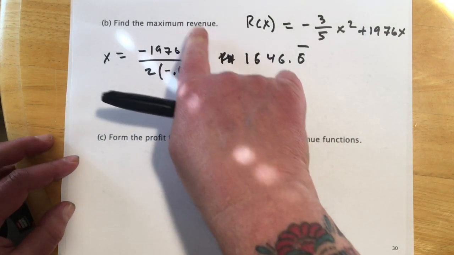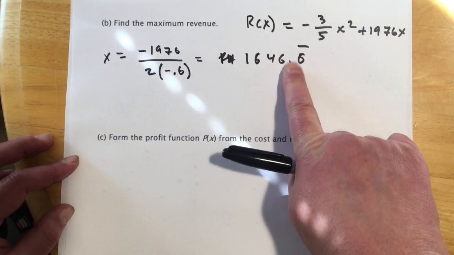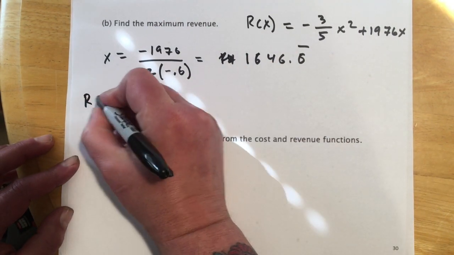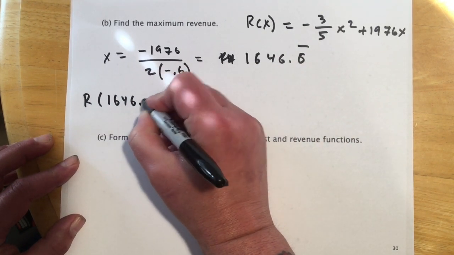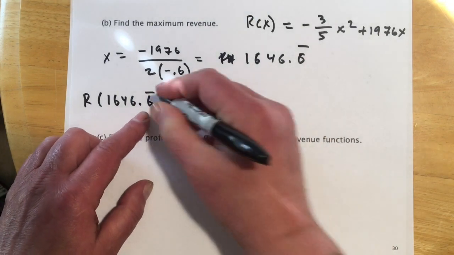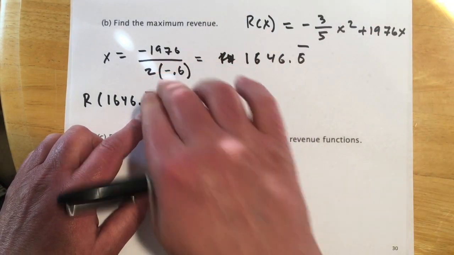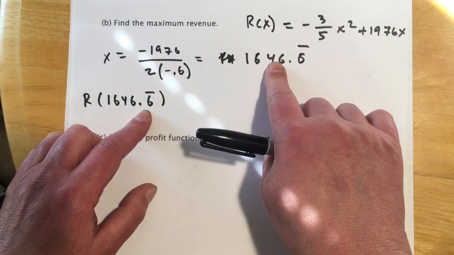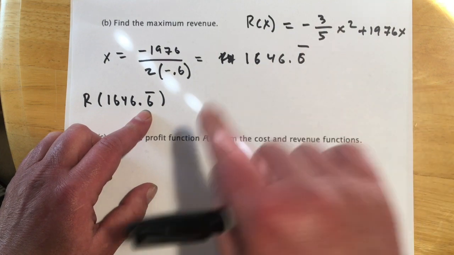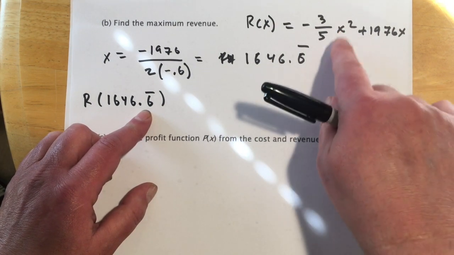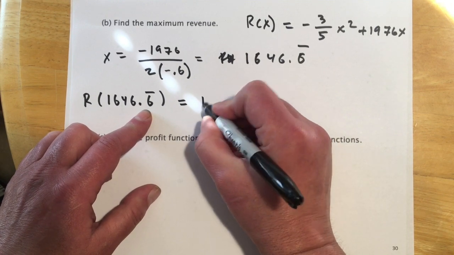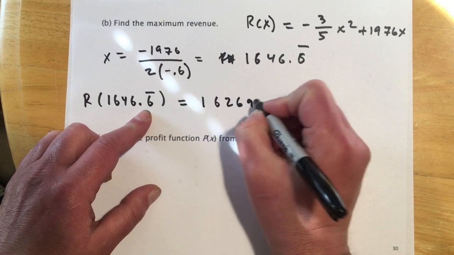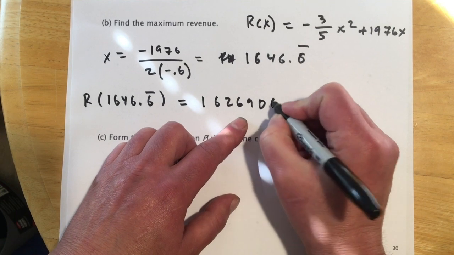And this is asking for the maximum revenue, again, not the units that maximize the revenue, so we have to do that next step, which is finding R of 1646. And again, I would have this value on the calculator, and then using the second function in the answer, just drop it right in here, and you should get this big number.